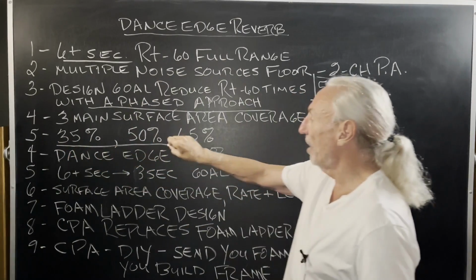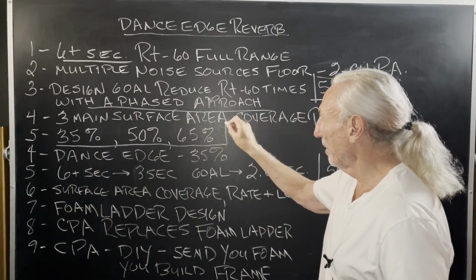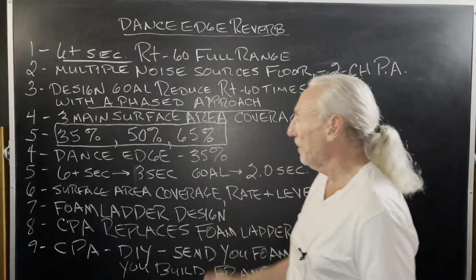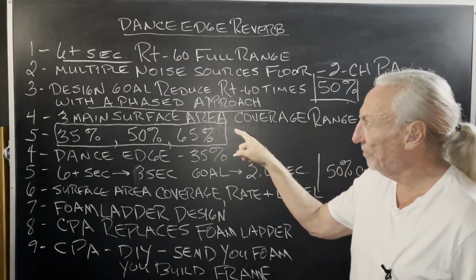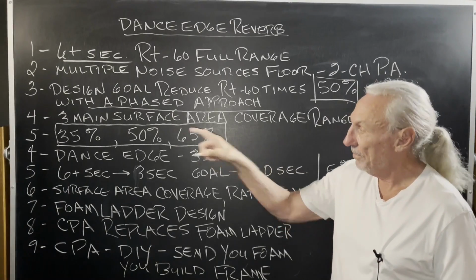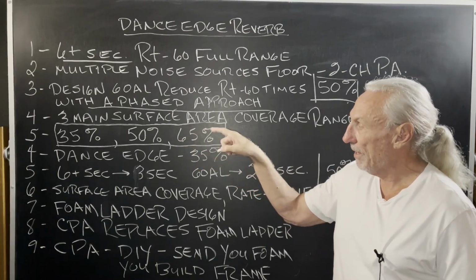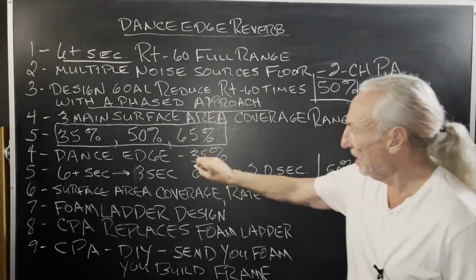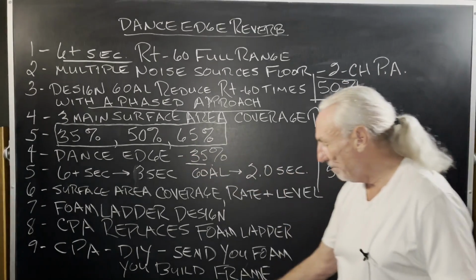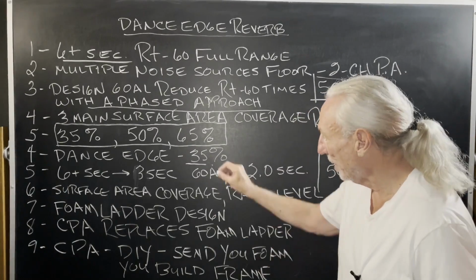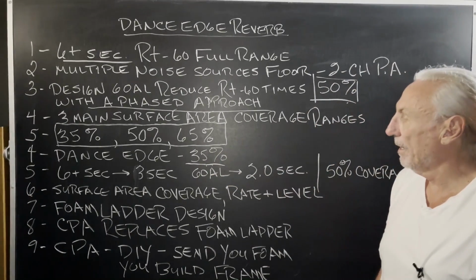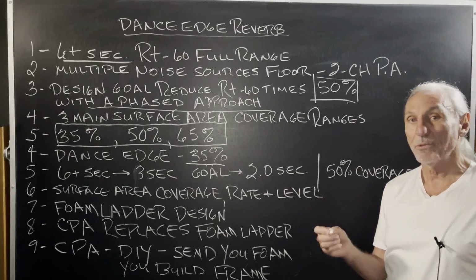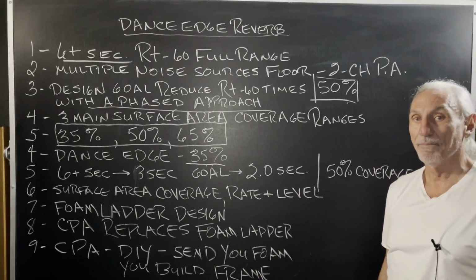We've been doing this a long time, so I went back and looked through all the proposals and the projects that we've done, and it falls into 3 ranges: 35% surface area coverage, 50% surface area coverage, and 65% surface area coverage. This project, we only had budget for 35% coverage.